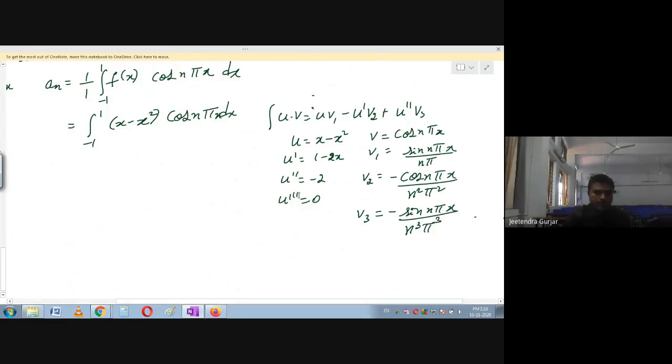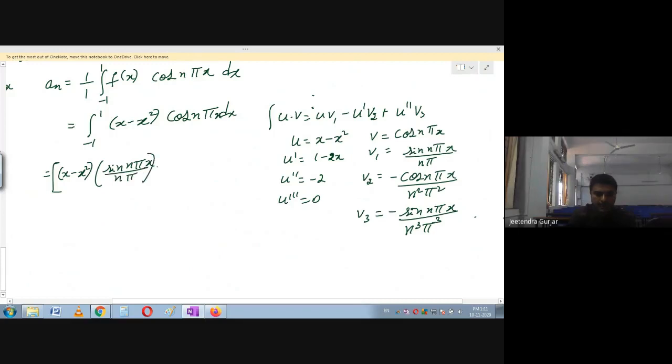So now just substitute in the equation, friends. So this is equal to integration -1 to 1. So sorry, I'm going to substitute the integration, so no need of writing integration once again. This is u, I'm going to keep as it is, that is x minus x square, then v1, sine n pi x upon n pi.